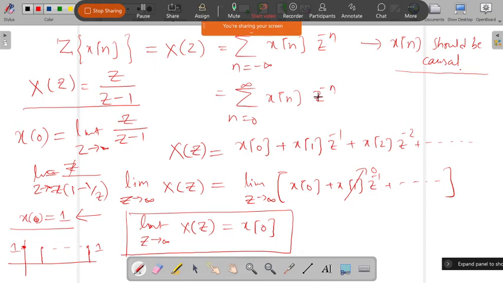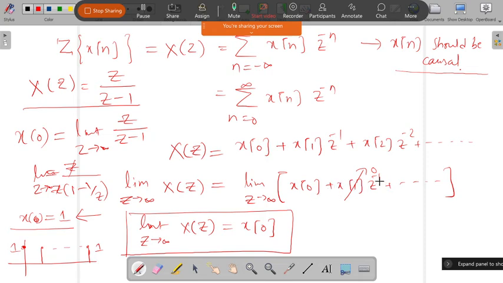Now I can expand this summation, that is x of 0 plus x of 1 into z power minus 1 plus so on up to infinity. Now after this I will take limit z tends to infinity on both sides, so this will become limit z tends to infinity X of z, which is equal to limit z tends to infinity of this series.